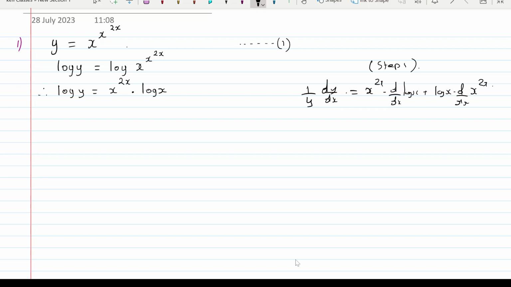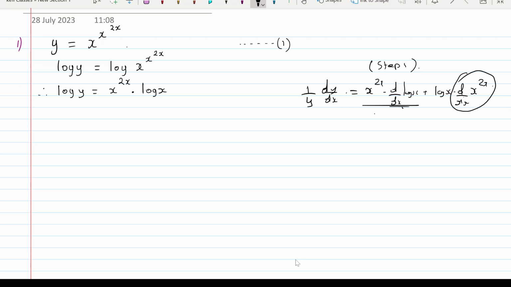So here no problem, x raised to 2x and into 1 by x, we get log x, but we can't find this one, d by dx of x raised to 2x, because it's again x raised to a function f of x, right? So for that we will need a log again, right?